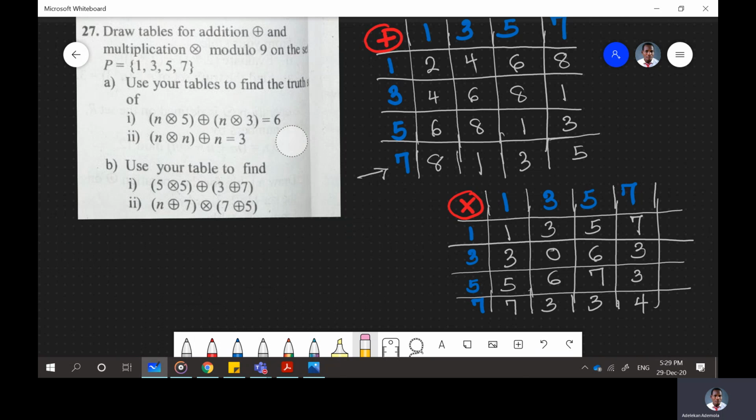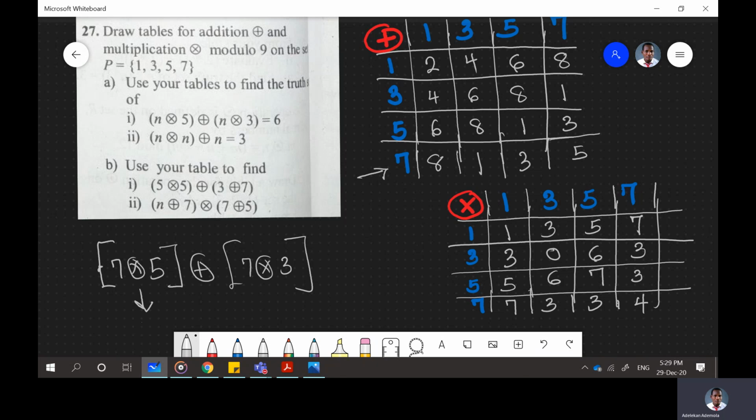Let's check for the last one, 7. If I'm using 7, I'm going to have 7 times 5 plus 7 times 3. Let's see what this will give us. What's 7 times 5? 7 times 5 from the table is 3.